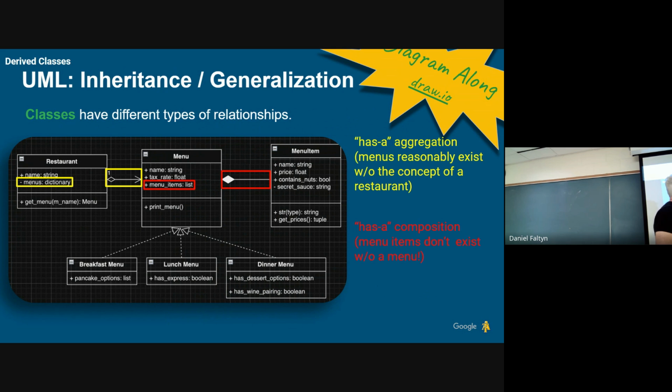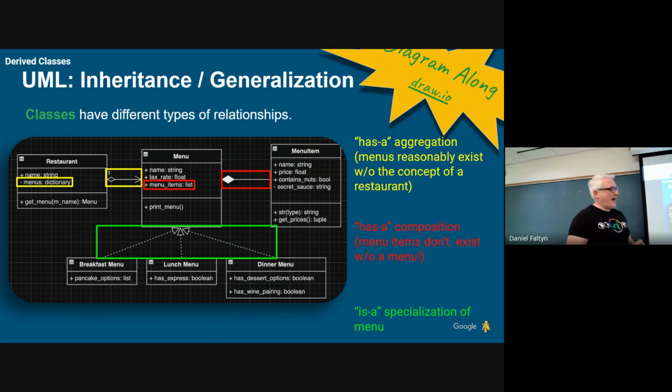With these has-a relationships, the one really key thing you want to pay attention to is to make sure you have some sort of collection on the owning class. So we should see that this restaurant has one or more menus, and that this menu has one or more menu items. That typically means you're going to have an attribute that's some sort of collection, a list or a dictionary or maybe even a tuple.